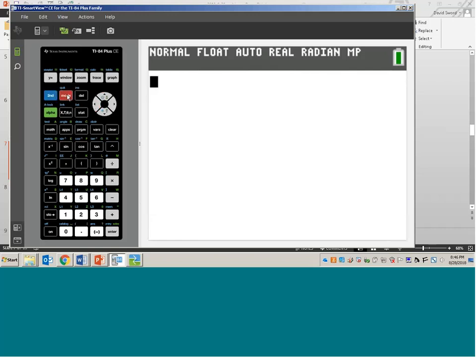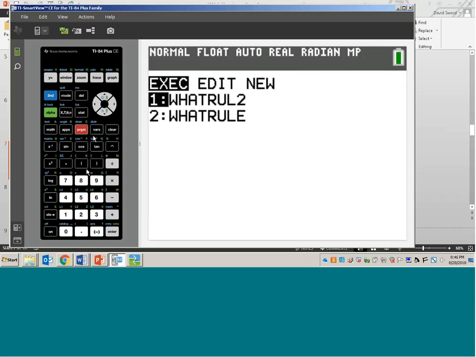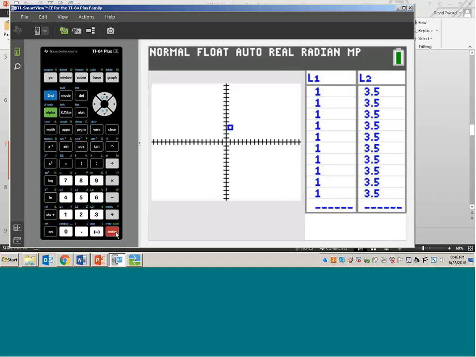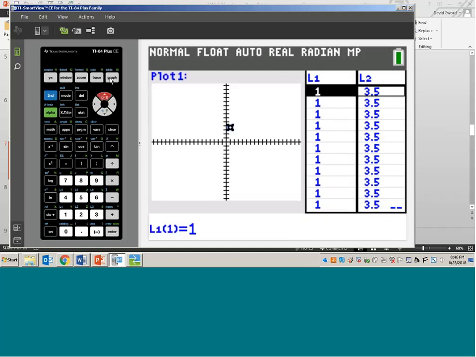When I run the program, what's my rule, and it might seem like something weird happens over on the right, and that is very simply that the table now is populated with all of the values that I put in there. As a teacher, we can say, students, there is a rule that defines the relationship between L1 and L2.